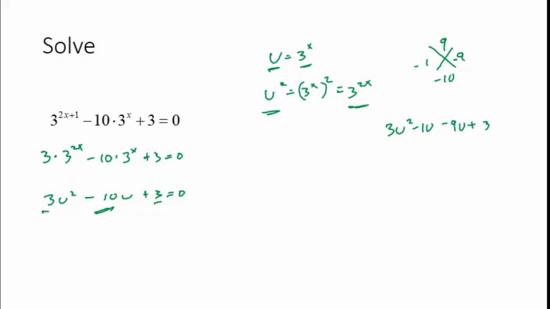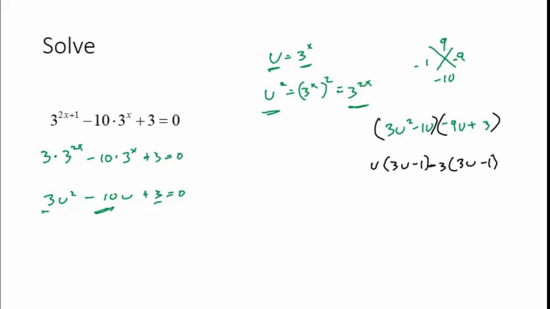So factor by grouping, we can take out just a u out of the first part, so it'll be u times 3u minus 1. And out of the second part, we should be able to factor out a negative 3. So it'll be negative 3 times 3u minus 1.